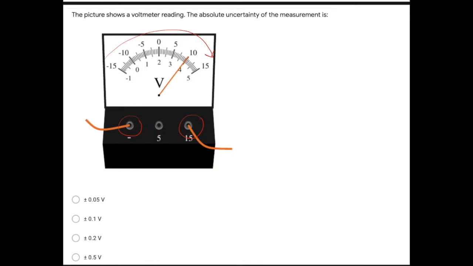Okay, so these are like the shunts that we use at school. If we are using the top scale, you can see here that each increment is half a volt. And if you remember, when we are looking at the absolute uncertainty based on the precision of our equipment, the absolute uncertainty is always plus or minus the smallest scale division.